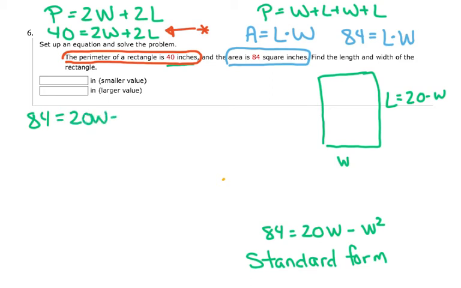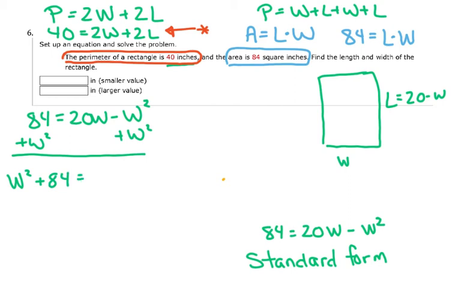What you have to do is just be careful. Now I want to get this W squared on the other side, so add W squared to both sides. So now I have W squared plus 84 equals 20W. Now subtract 20W from both sides.